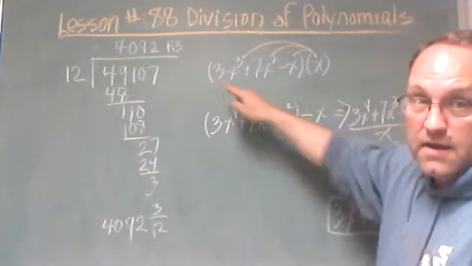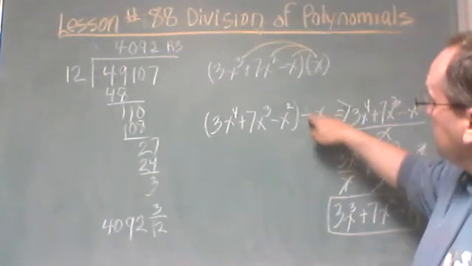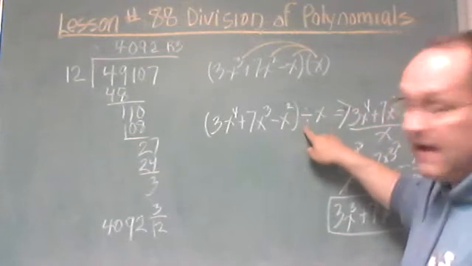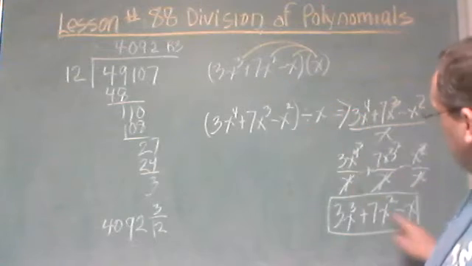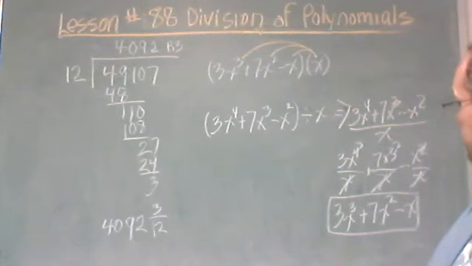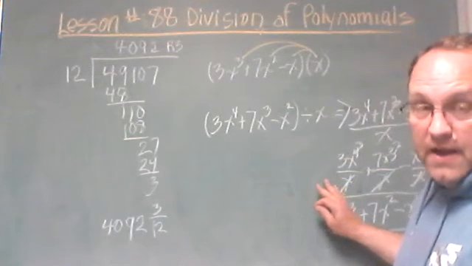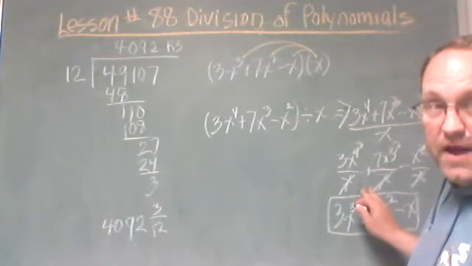I have undone this multiplication of x by dividing by x. I've taken that multiplication right here and divided by x, and I get my original terms. I can do it that way with monomials, and that might be easily identifiable to you. We've been doing that as well.